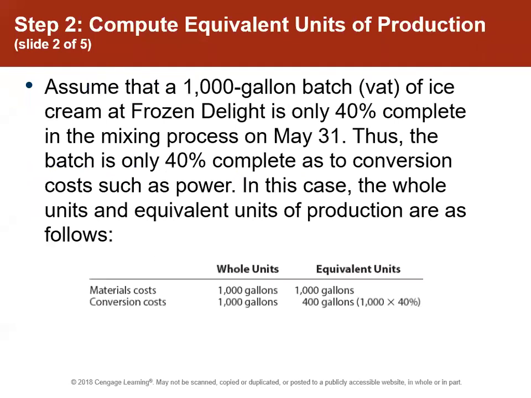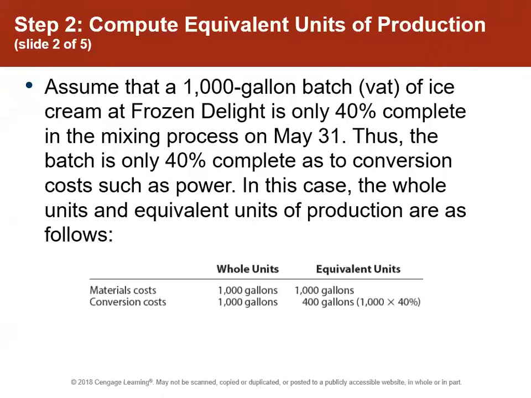Okay. So it says, assume that a 1,000-gallon batch, or vat of ice cream, at Frozen Delight is only 40% complete in the mixing process as of May 31st. Thus, the batch is only 40% complete as to conversion costs, such as power. In this case, the whole units and the equivalent units of production are as follows. So again, we're going to assume in this chapter materials are always added at the beginning, which means our materials are always 100% complete. Yay. So we only have to deal with conversion costs, labor and overhead.